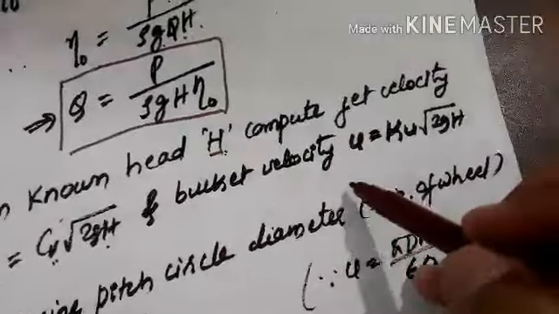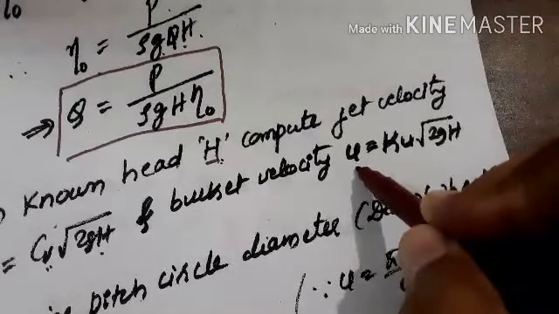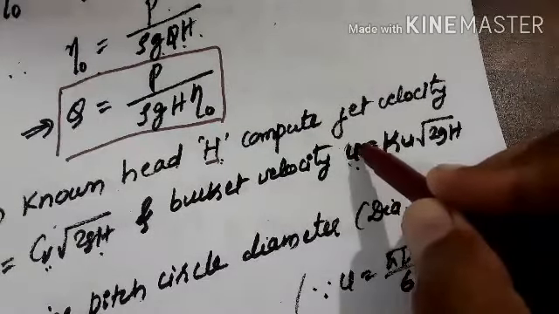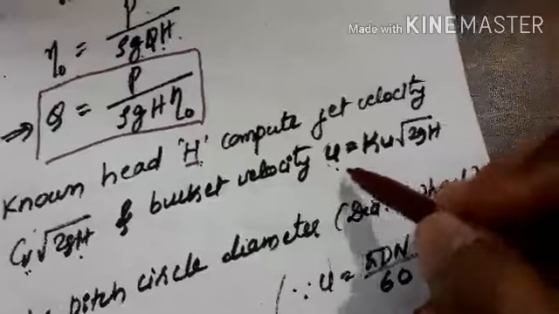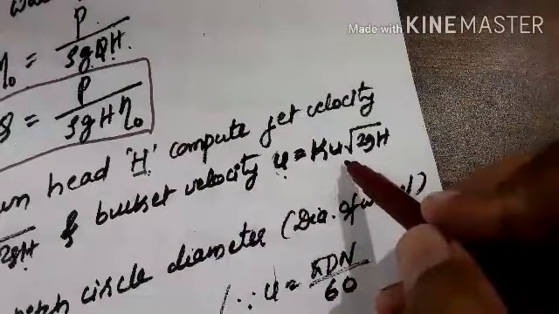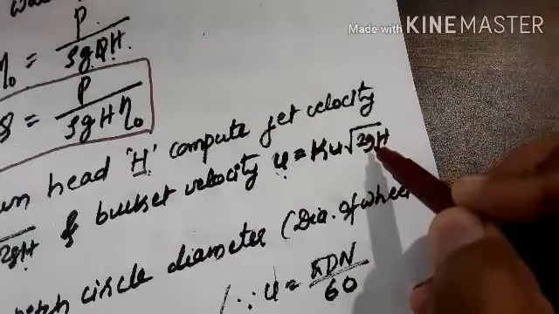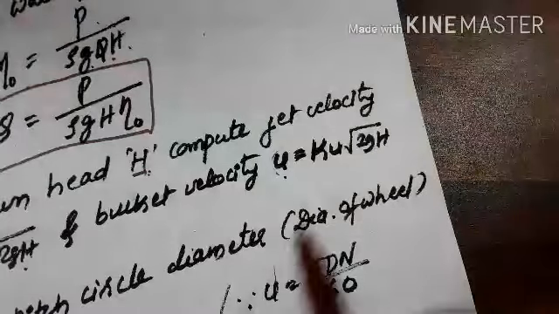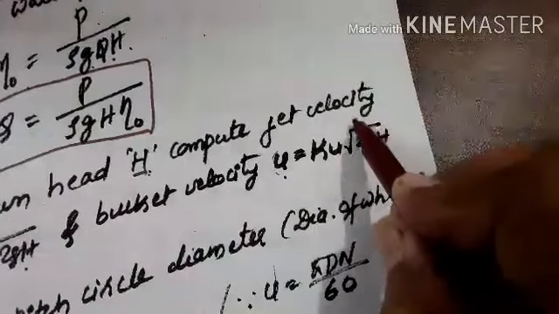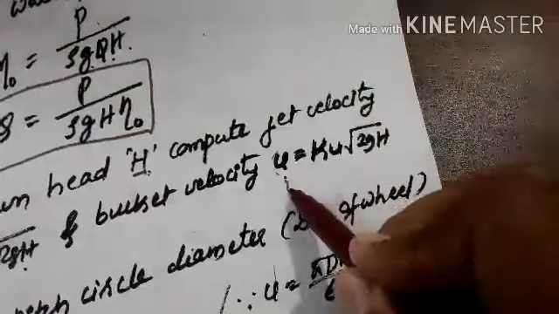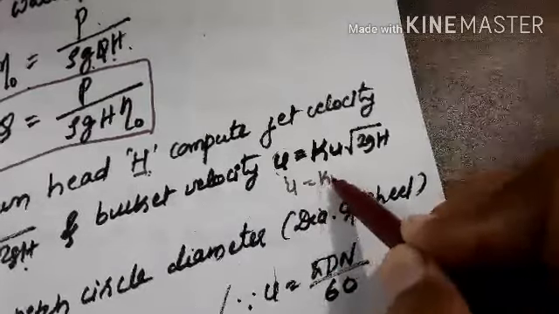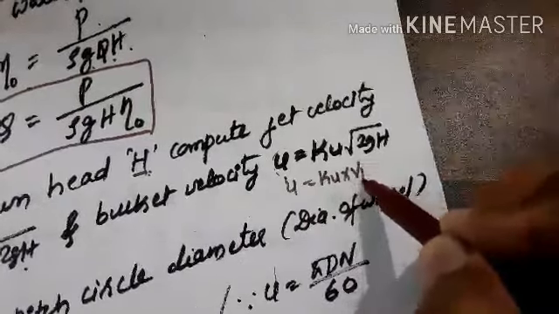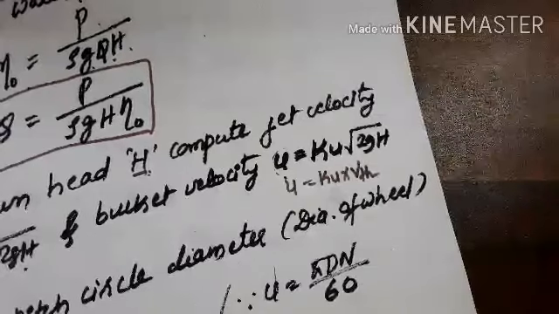And the bucket velocity, that is u, or you can call it the wheel velocity, can be easily calculated as Ku times root of 2gh. Here this root 2gh is actually the theoretical velocity.